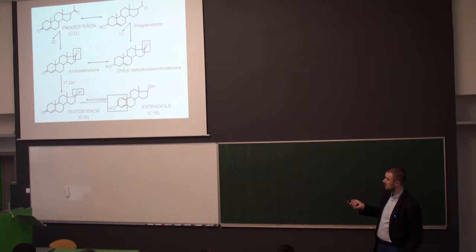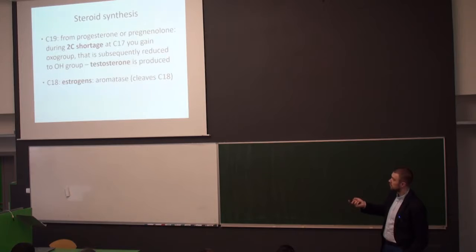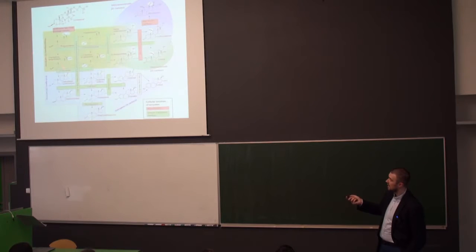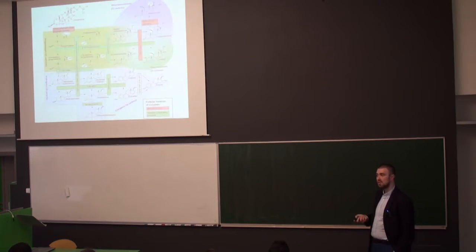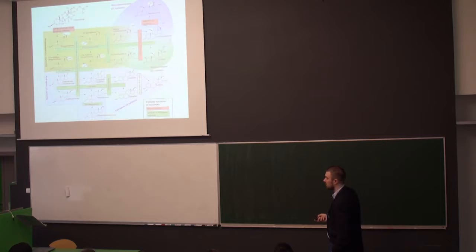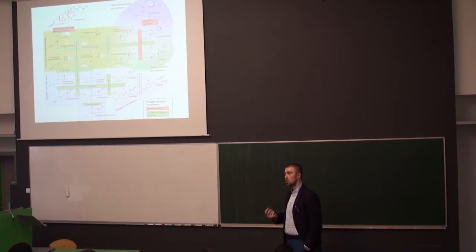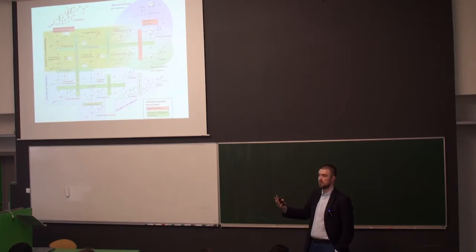This we call the core for estrogens, and it's the typical sign for the estrogens. If we return here, you see that only estrogens have the aromatic ring inside. So if you see a molecule of steroid hormone with an aromatic ring, you know that it must be an estrogen. You count the number of carbon atoms, and it's 18, so you know to what group it belongs.